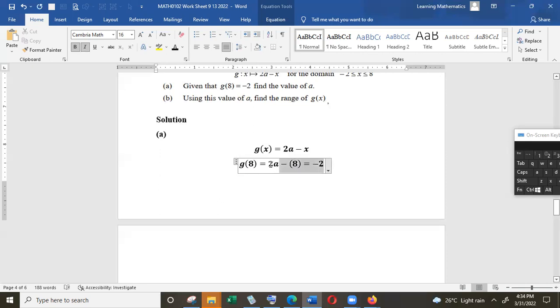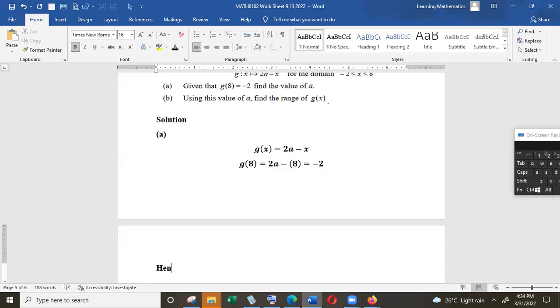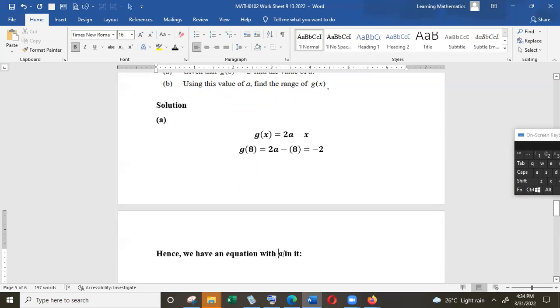So right now we've got an equation. Hence, we have an equation with a in it, and here it is.